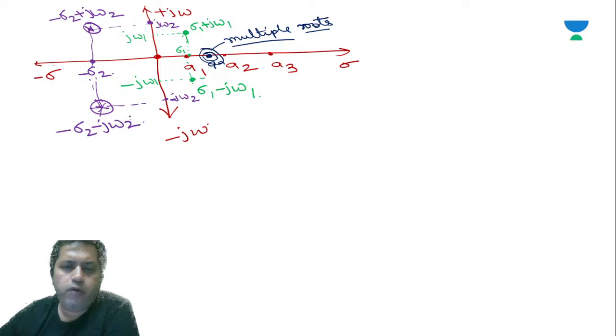So these combinations are which roots? Complex conjugate roots. In this way you can plot the pole zero mapping.